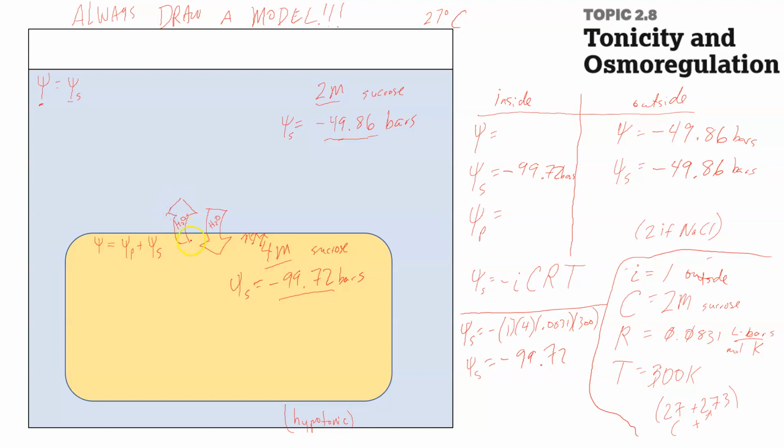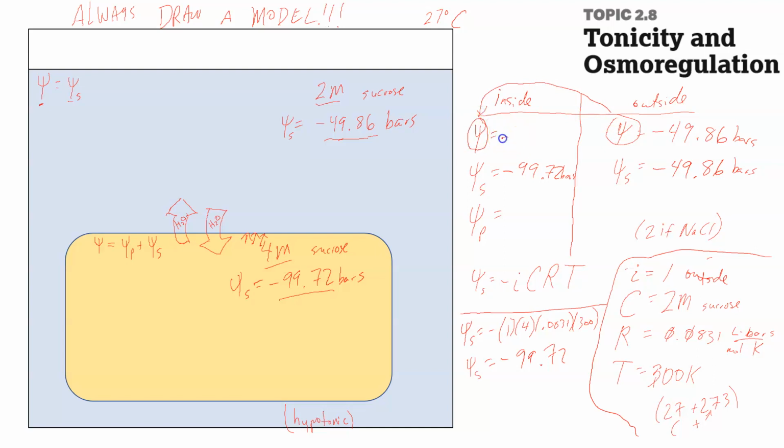However, this is a little bit different than being in an isotonic situation because in this case, our cell is filled with water, right? And the water does indeed want to move in. It just can't because of this competing pressure potential. But since water is moving in and out at exactly the same rate, we can generally say that our outside total water potential, this number right here, is going to equal our inside water potential, which is this number over here.